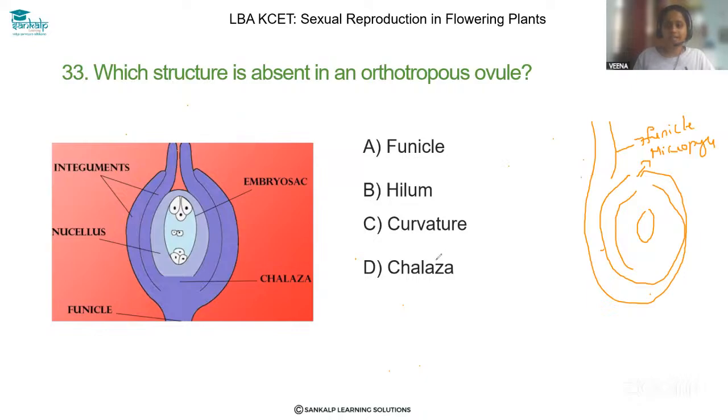So here that bending or inverted position of the ovule is absent. So the correct answer is option C, curvature. Thank you.